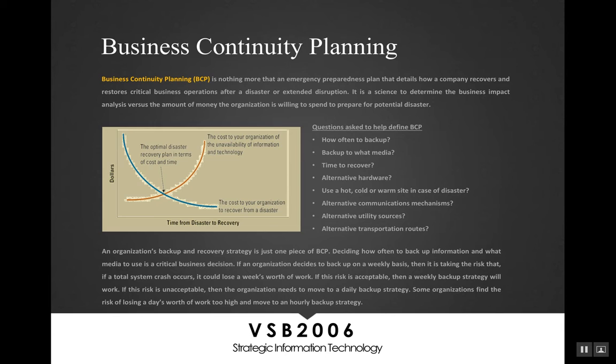Assuming that an organization cannot afford to continuously replicate or make redundant every component in their infrastructure, there's a planning process around what are the core processes that run the business, and from a timing perspective, how quickly do they have to be restored back online.